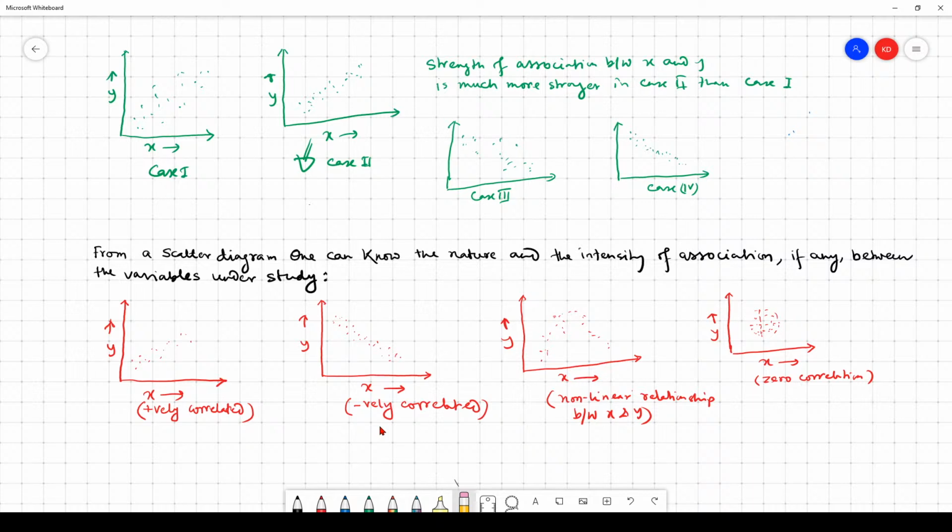One point I should mention, that is the drawback or limitation of this scatter diagram, you note this thing.